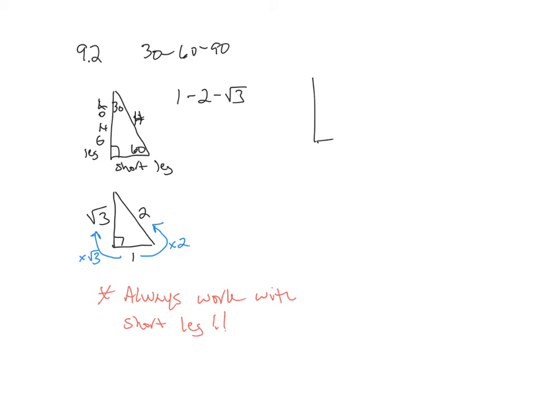So if this was 4, when we go this way, we do times 2, and we would get 8. And if we go this way, we do times square root of 3, so it would be 4 square root of 3.